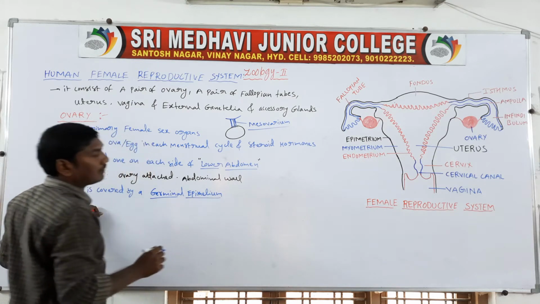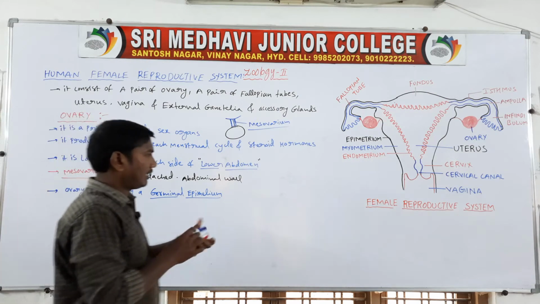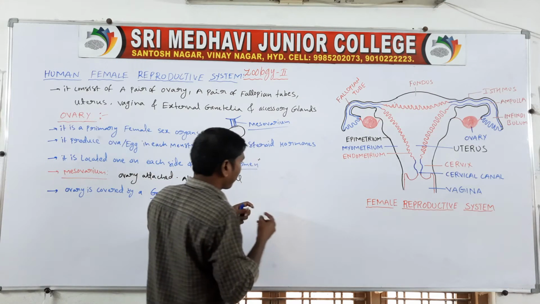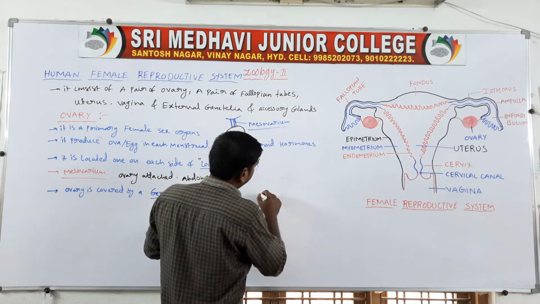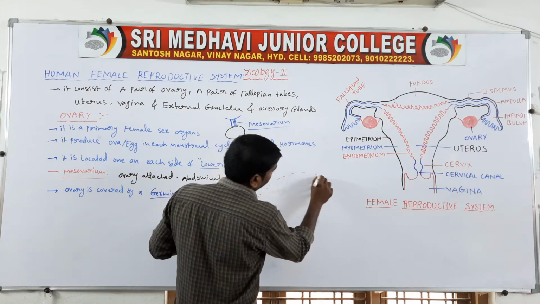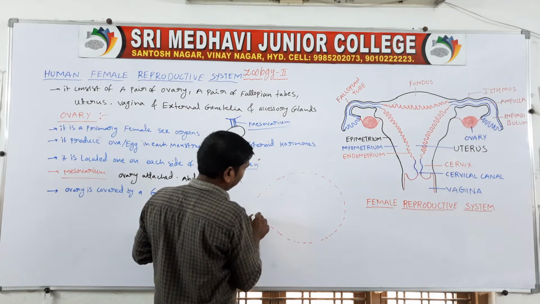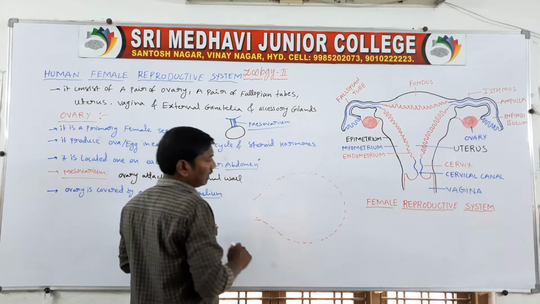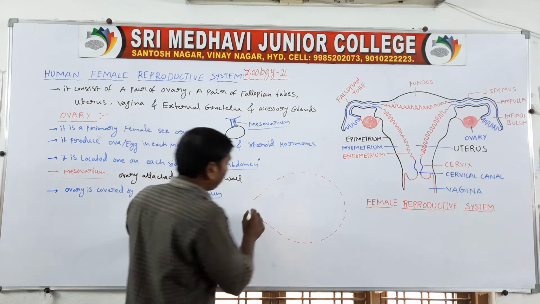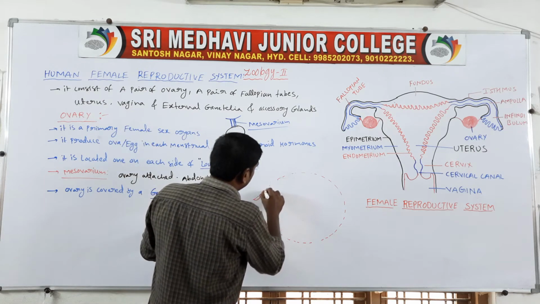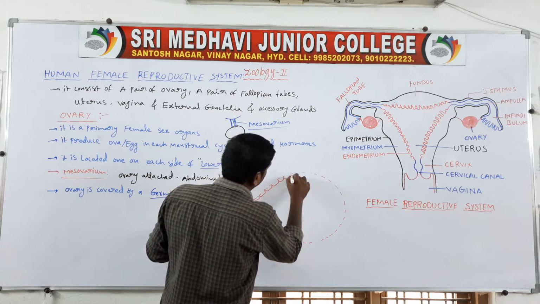The ovaries are covered by the germinal epithelium. Just a rough diagram. Here is one ovary, and the ovary is covered by the germinal epithelium.